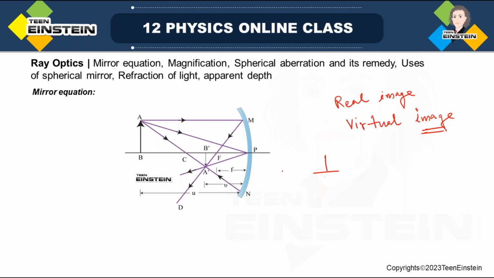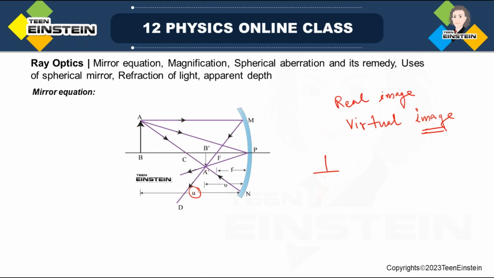See the position, if this is the position of the object, suppose AB is an object. The distance of the object from the pole is called the object distance, which is denoted by u. Suppose A prime B prime is the image formed by this concave mirror.